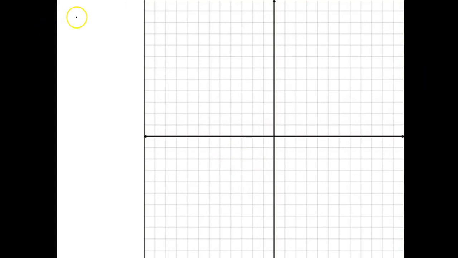But let's do one where you're definitely going to see a change in your domain and range. Let's do one with square root. Let's do f of x equals square root of x minus 2, and then plus 1. All right, so looking under the square root first, the square root tells us we're dealing with the square root function.